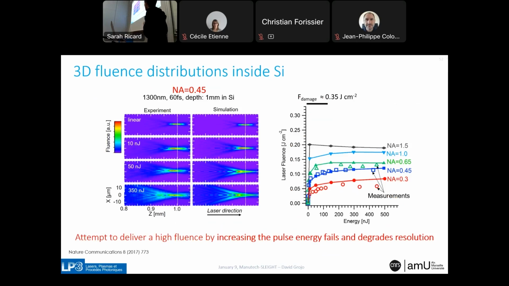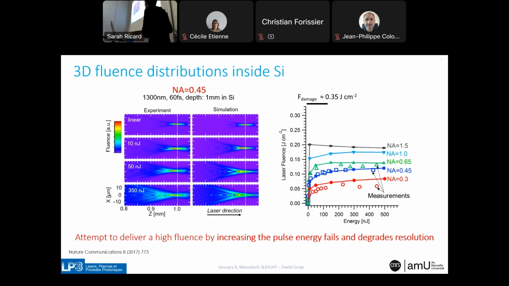What you can already see from the images is that when you increase the energy, you increase the volume, but the red level, the intensity delivered, is not much increasing there. And by simulation, we can more or less describe this, which shows that we tend to account properly for the nonlinear processes from simulation.